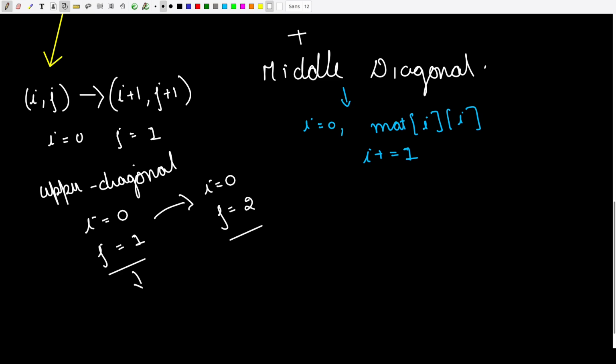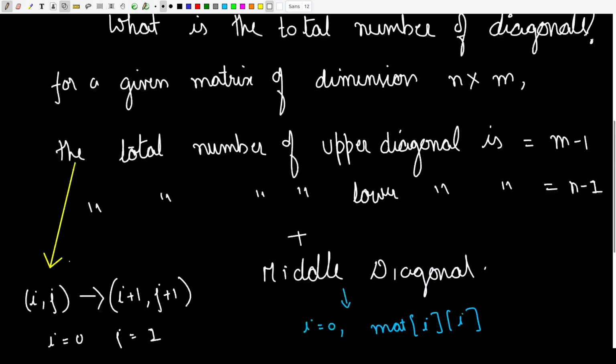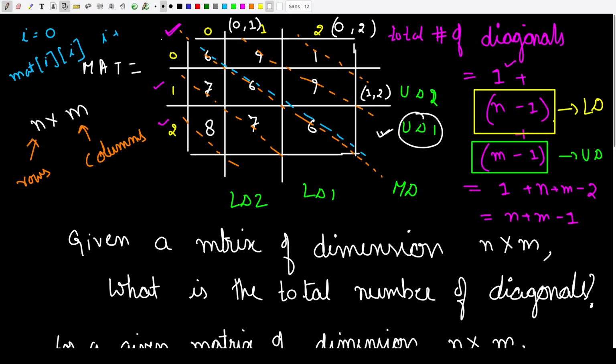We are going to express j in terms of diagonal number. We will start our diagonal number with 2. The reason why we are starting with 2 is because the middle diagonal is something which we have already consumed, and the middle diagonal number was 1, because of which the next diagonal is 2.